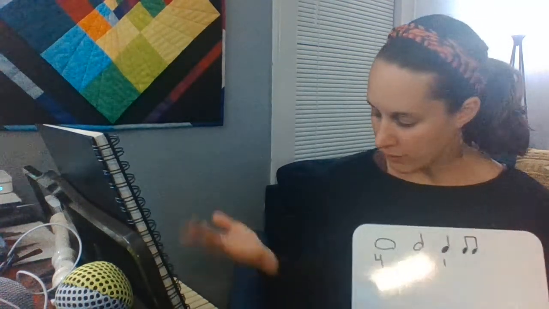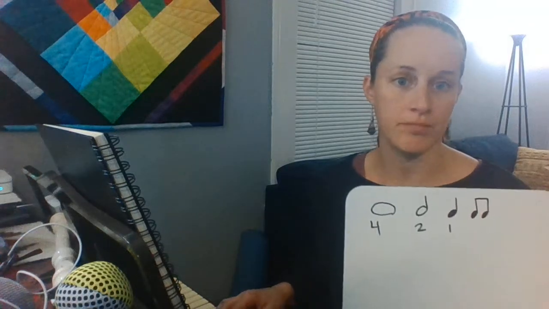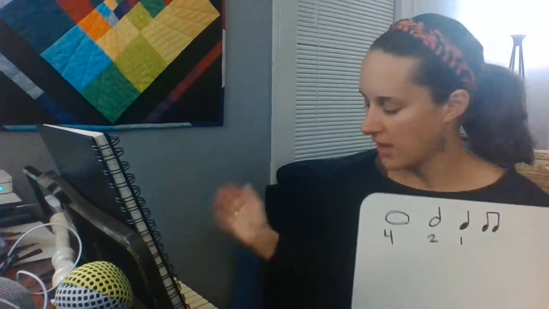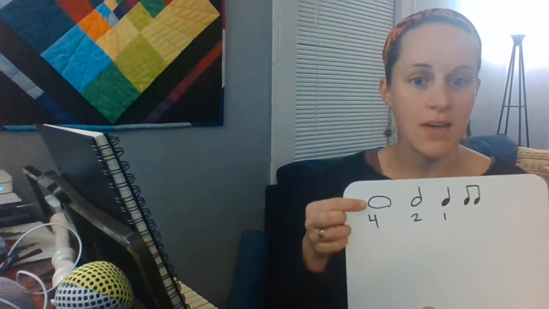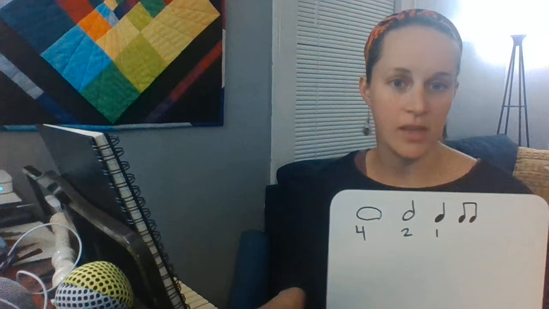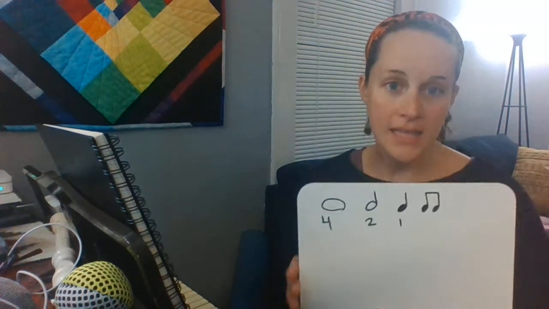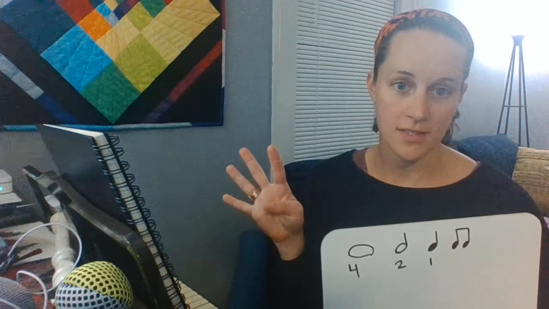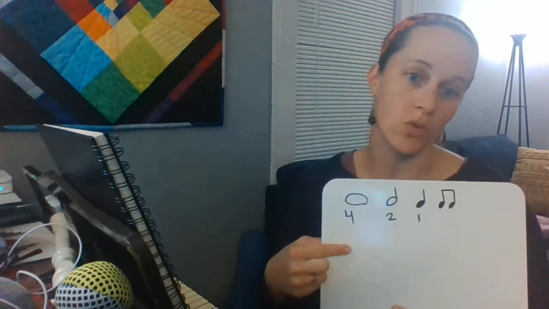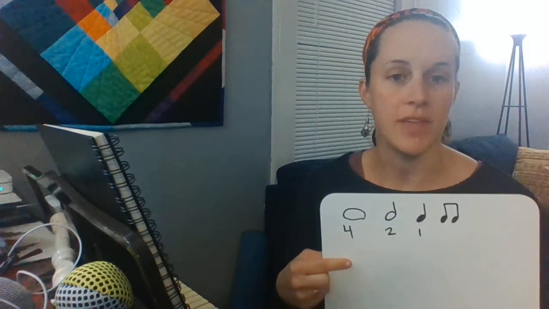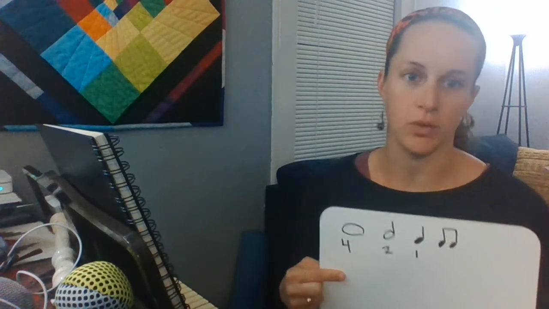So if I wanted 4 beats of sound, let's say I'm going to play a chord, I'll have 4 beats of sound. I'm going to use a whole note, 1, 2, 3, 4. But if I wanted it to be silent for 4 beats, then I would have a special rest that looks different, that shows me that I'm not supposed to play for 4 beats.